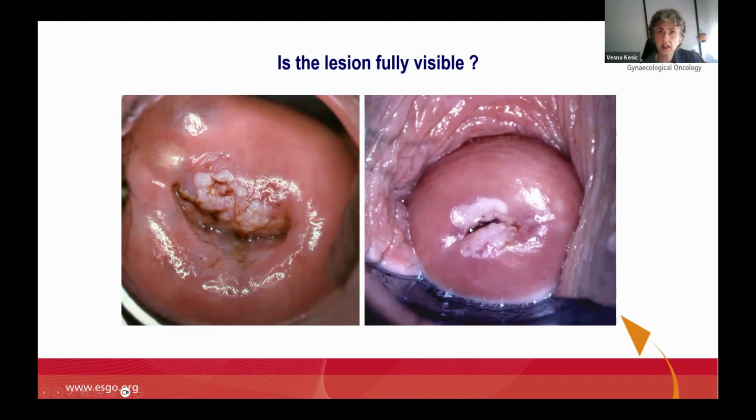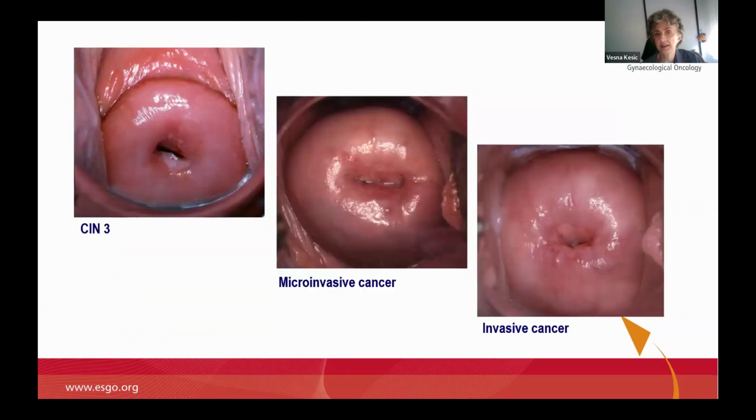Endocervical canal is probably the greatest limitation in colposcopy. So we shall never be able, by colposcopy, to be sure how high and how difficult the lesion in the canal is.